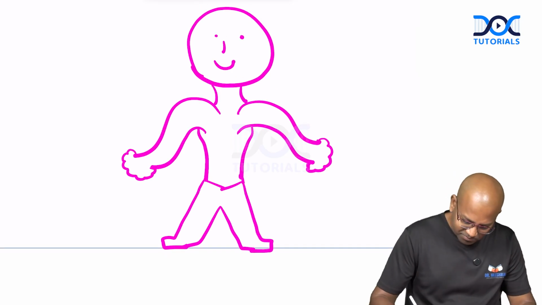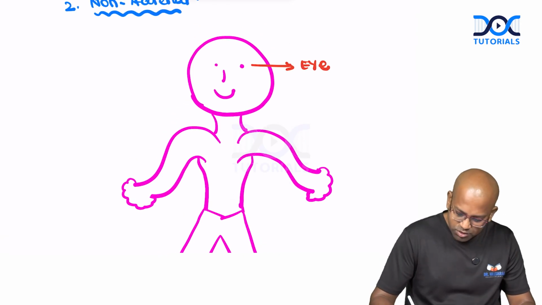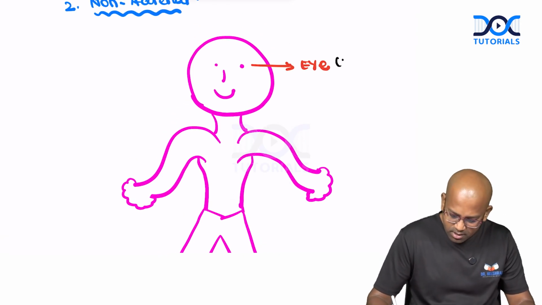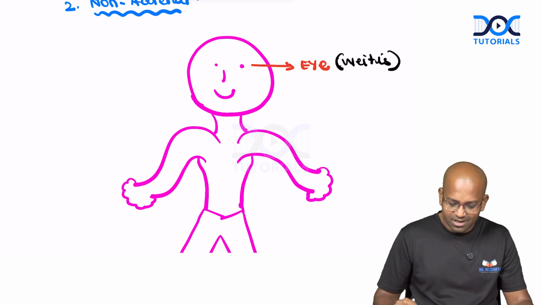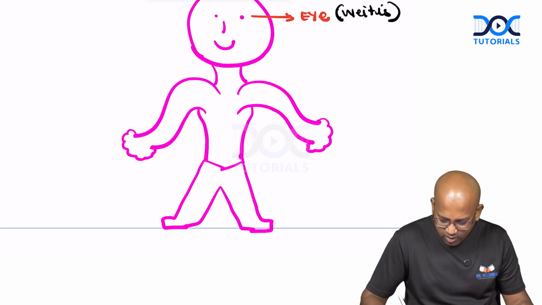We'll start from the top. In eyes, it can be used for uveitis and also for optic neuritis, any inflammation in the eyes. From the eyes, we'll move a little below to the thyroid.